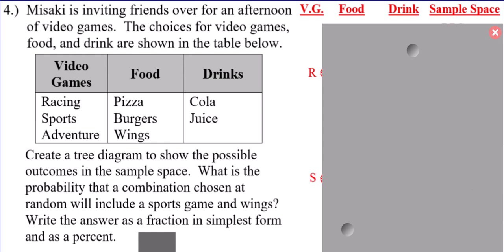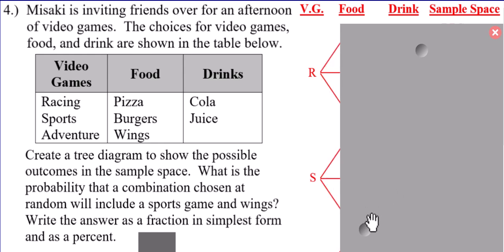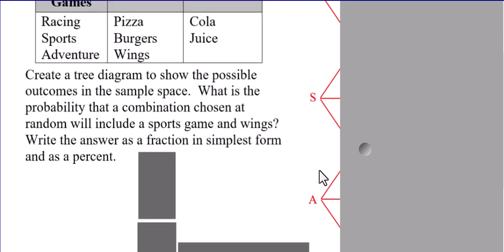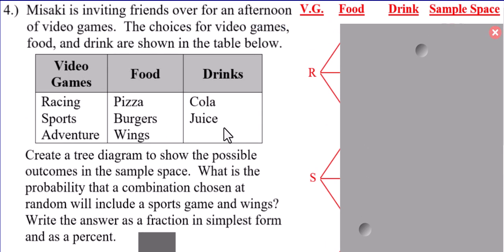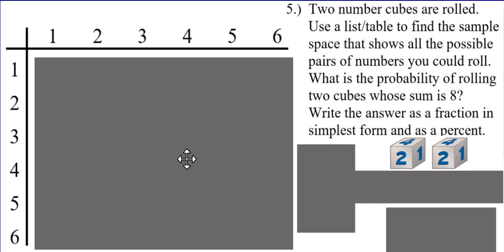So again, I said it's very similar to problem number 3. So please feel free to go back to problem number 3. Now, to use number 3 as a guide, there is a probability question for both number 4 and number 5. So when you're done making the tree diagram and you're done making the table for the organized list for the 2 number cubes, please don't forget to answer the probability question.